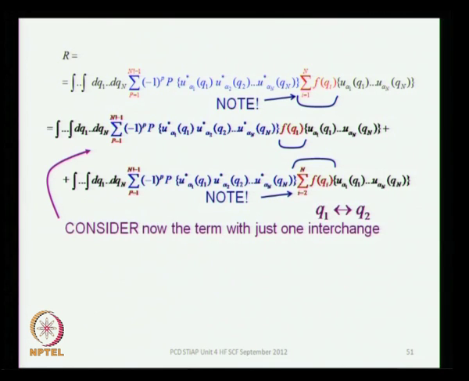In the original Slater determinant you have got factorial n permutations, but we have separated the identity term. It is only after the separation of the identity that we had a remainder at all, okay. So whatever you have under the factorial n minus 1 permutations does not have the identity, and therefore it has at least one interchange.